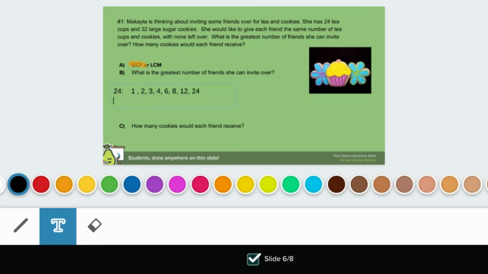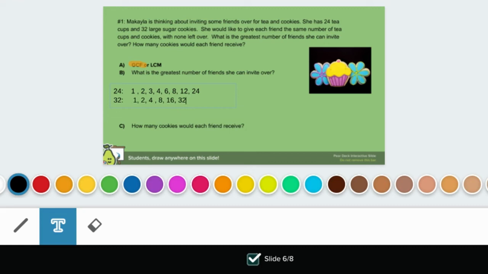And then I'm going to list out the factors of 32. 1, 2, 4, 8, 16, and 32.